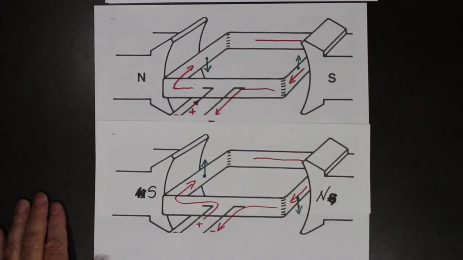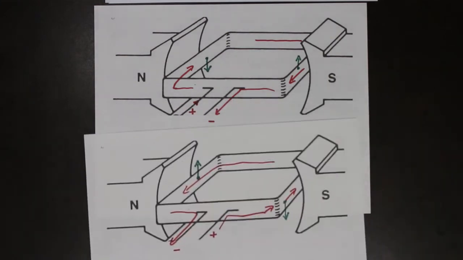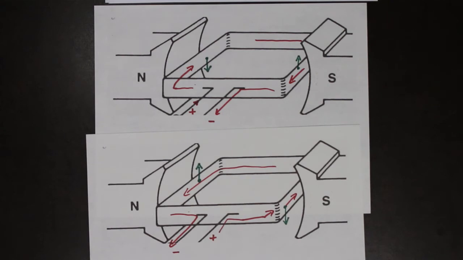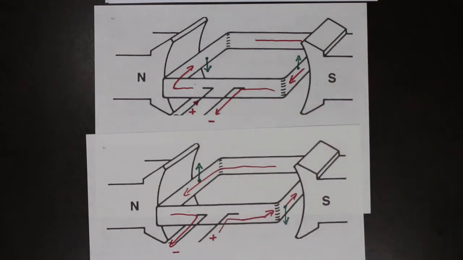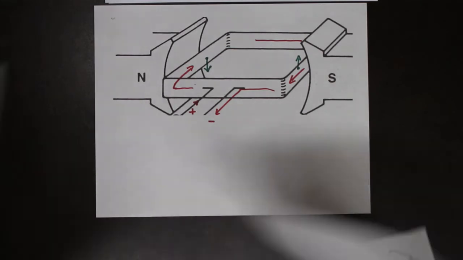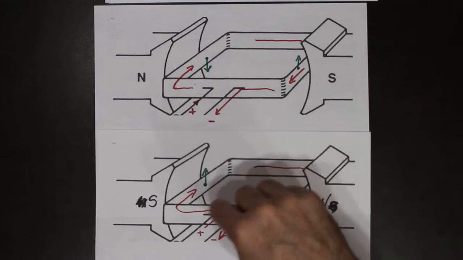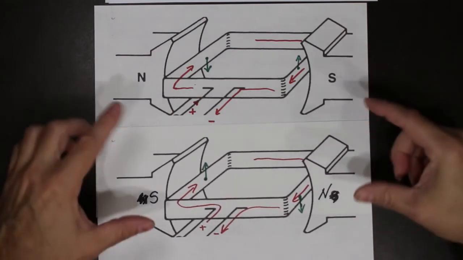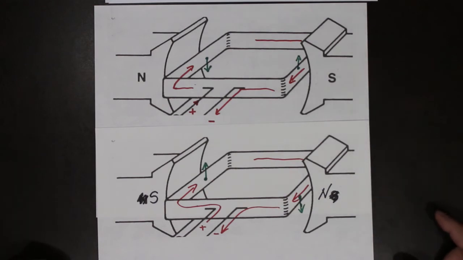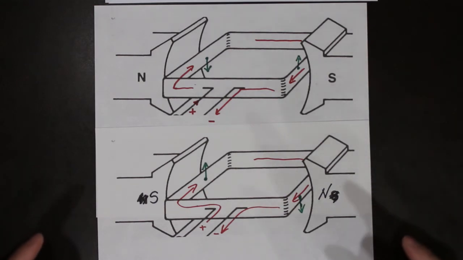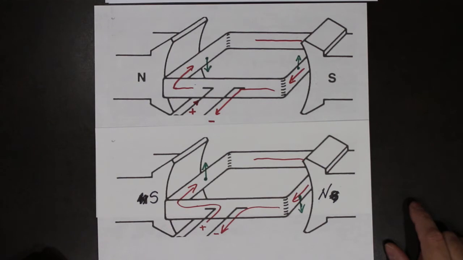So if we were to change the current direction and leave the magnetic field the same, the direction of rotation changes. If we were to leave the current the same and change the polarity of that magnet, we change the direction of rotation.